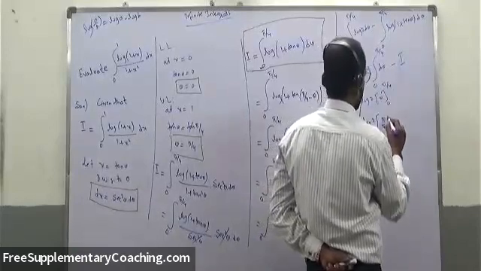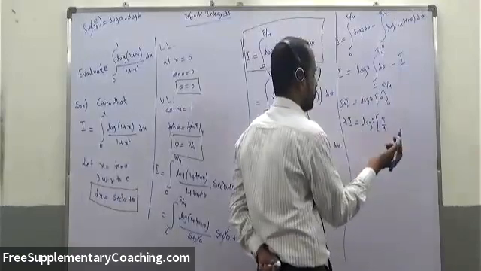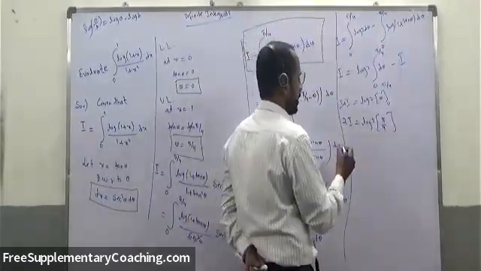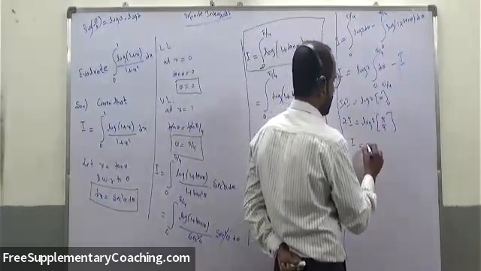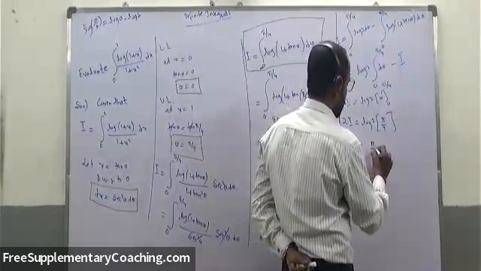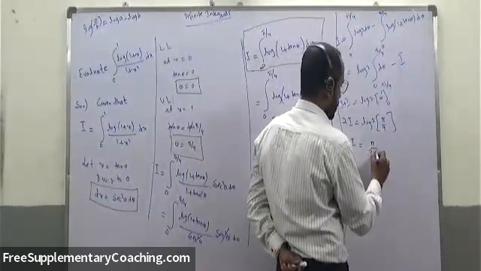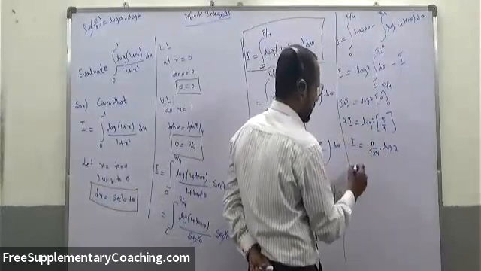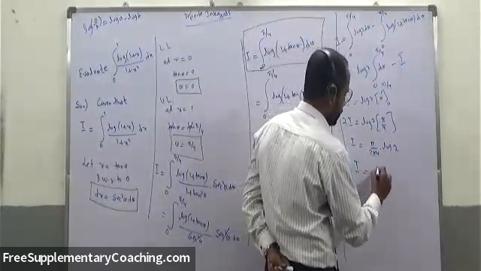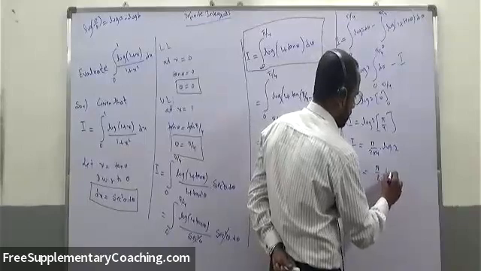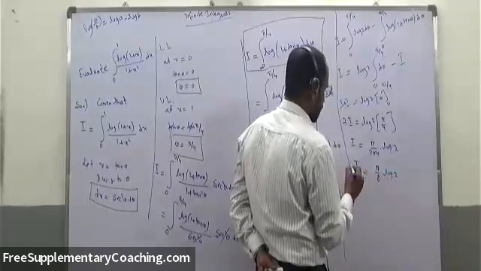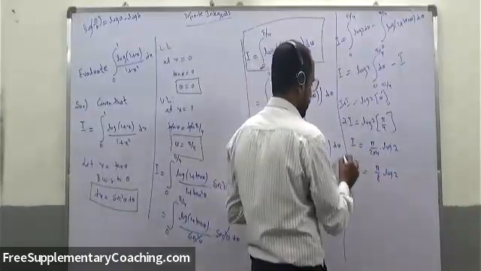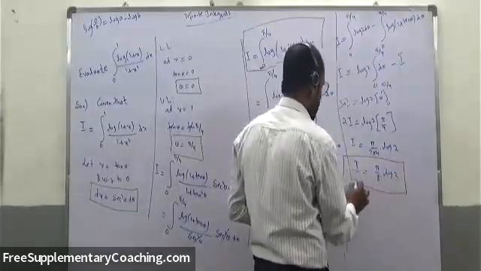Upper limit pi by 4 minus lower limit 0. No need to write, keep it as it is. So now I can write I is equal to pi by 4 into 2 into log 2, that is pi by 8 log 2. Therefore, I is equal to pi by 8 log 2 is our final answer.